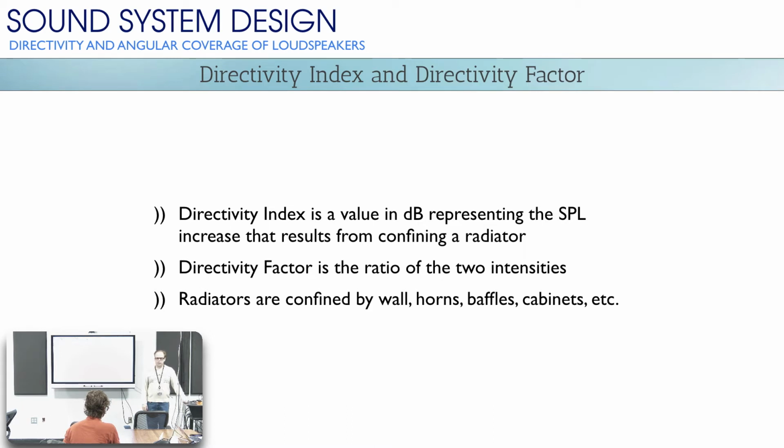Up until now, all of our math about how sound propagates is assuming that it's going everywhere. All of our math about how you calculate how many watts goes into a loudspeaker that generates this much SPL that then hits the audience at this level, that's all assuming that the loudspeaker is sending the sound everywhere equally.